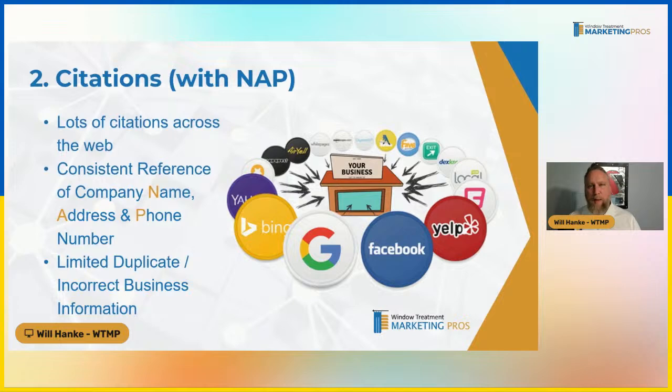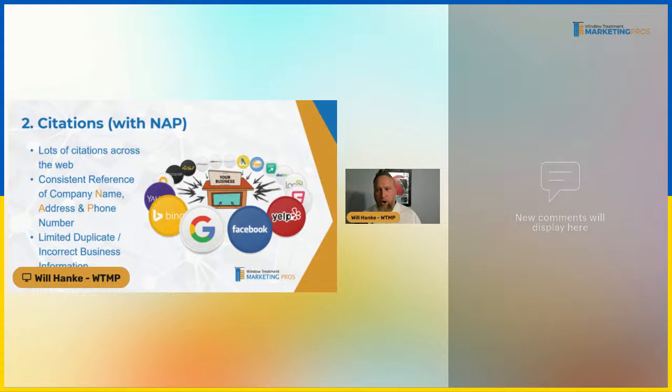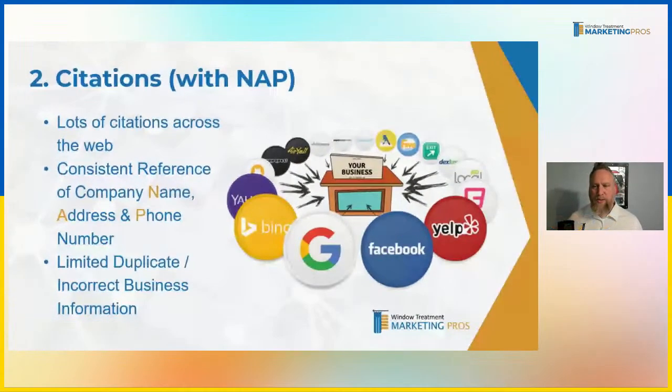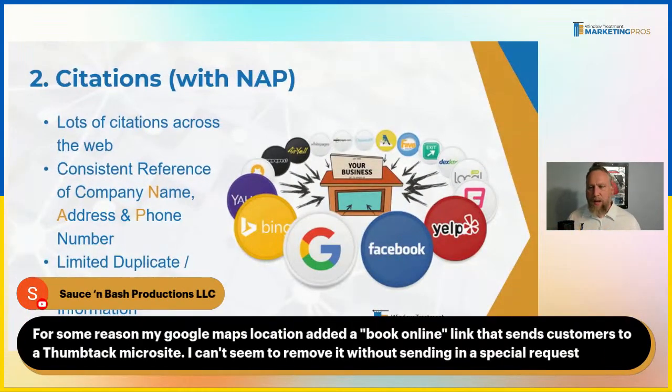That is a website with a business directory. All kinds of businesses are listed in there. Whether you're a member of the BBB or not doesn't matter. They still list your business in there. So you want to make sure that what's in there is correct. It has to have a consistent name, address, and phone number on all these different platforms. So that's definitely a big piece of it.